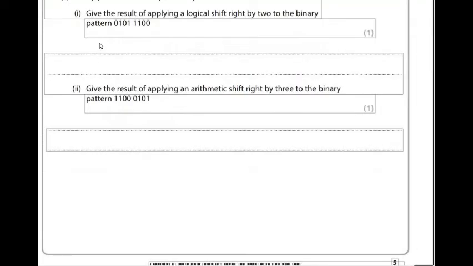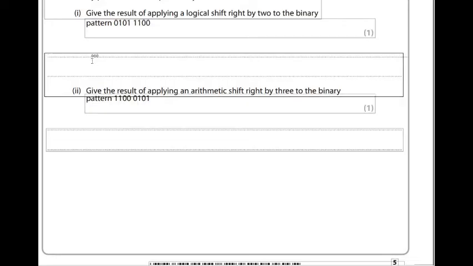So instead you are going to have 0, 0, 0, 1, 0, 1, 1, 1, and that'll be it. So that will be our answer by doing a logical shift right by 2.